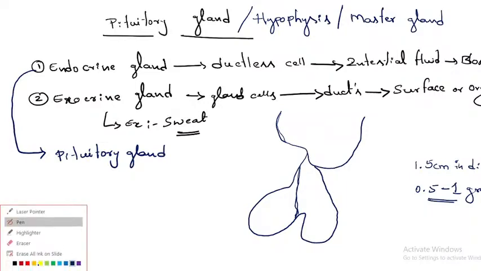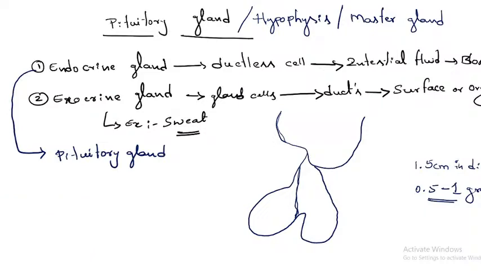Mainly there are two lobes in the pituitary gland, below the hypothalamus: one is the anterior pituitary, and another one is the posterior pituitary.